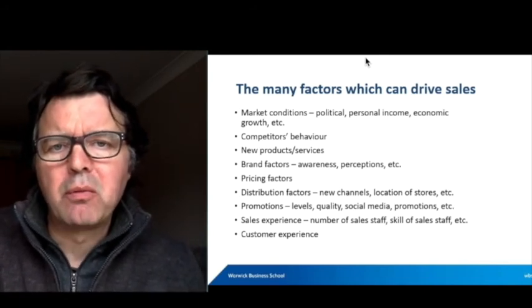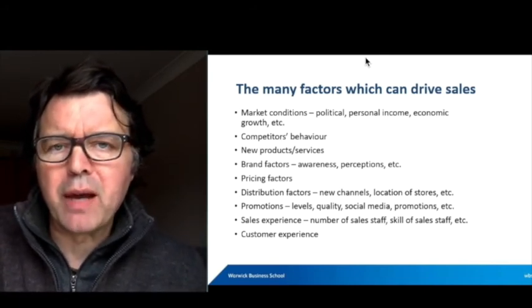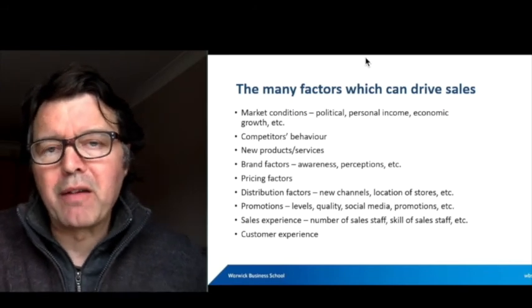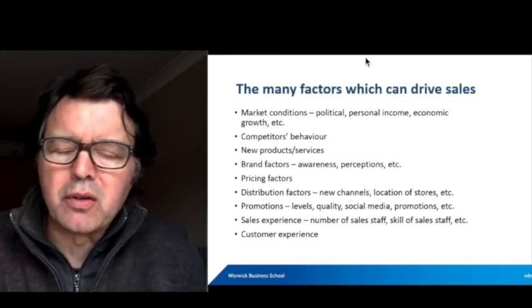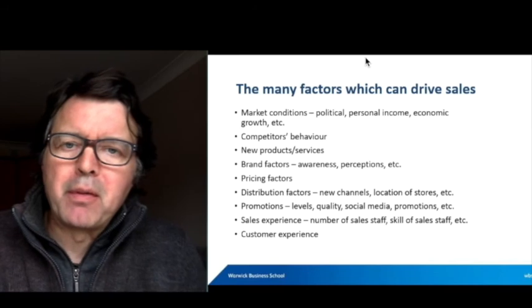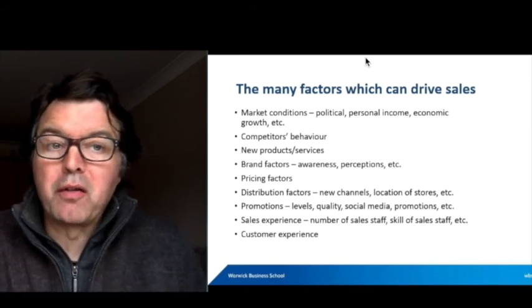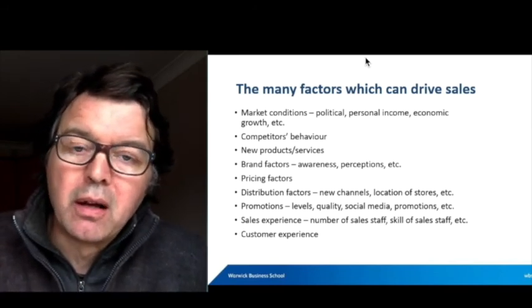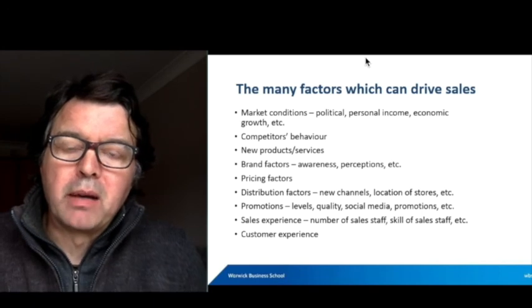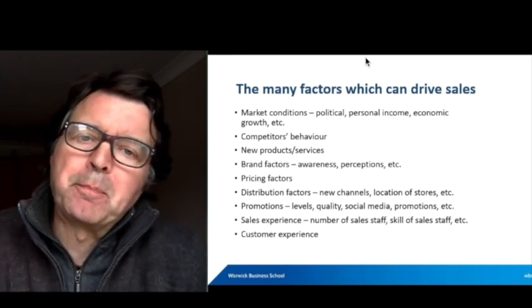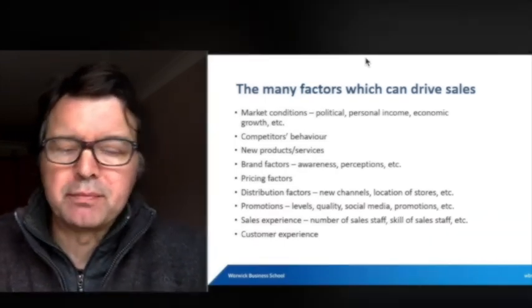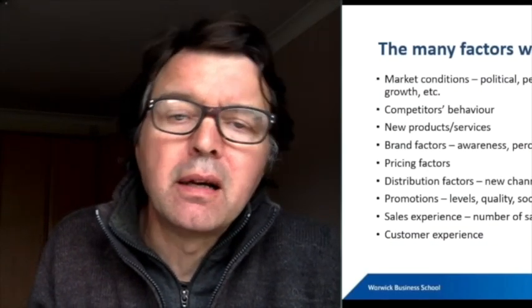We might be able to generate useful models by focusing on certain variables, but we need to remember that we're going to be ignoring other variables, so we need to be careful that we don't get too confident in these sorts of models.